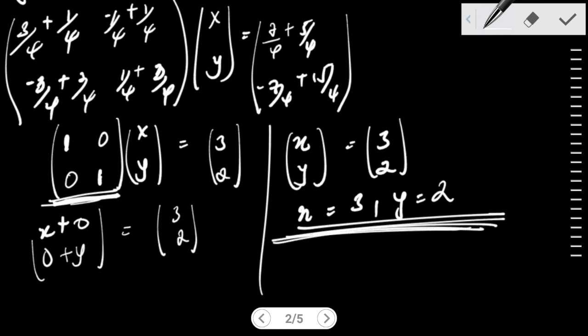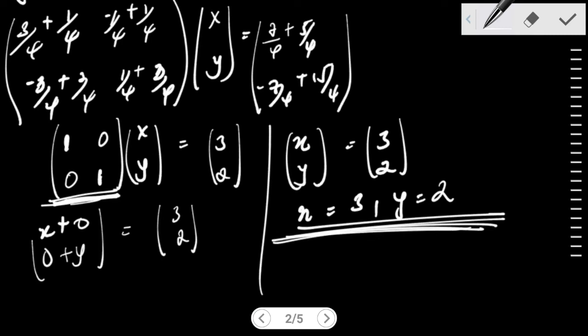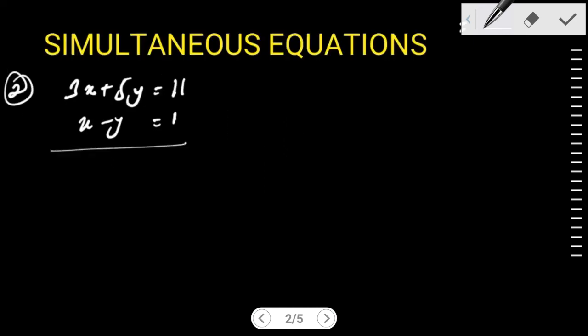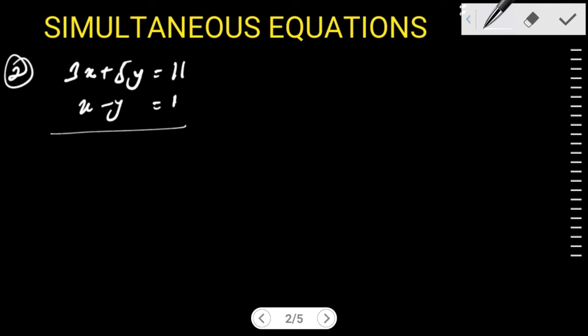So you find that you can use any of the methods to bring out what you want depending on your choice. Now let's work out example 2, in which I'm having 3x plus 5y equals to 11 and x minus y equals to 1. So by elimination, I'm going to make one unknown, let's say, equal in both equations.